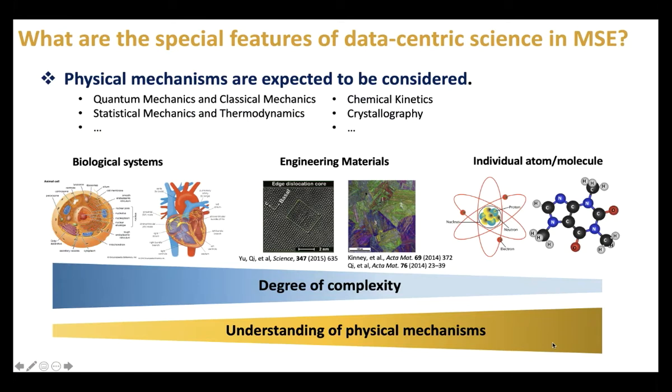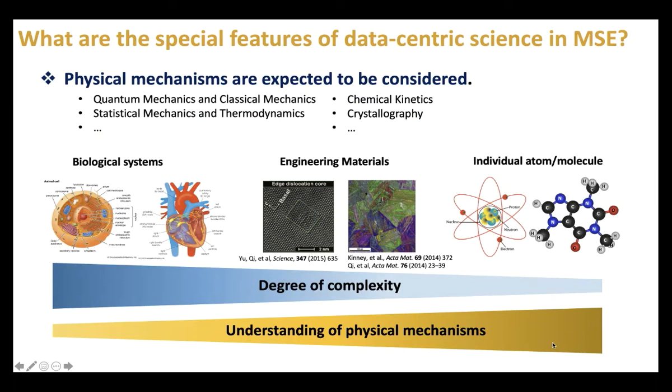On the other extreme, like a biological system, the degree of complexity is very high, so we heavily depend on data-centric science tools. However, because we have less understanding of physical mechanisms, these tools may not be very reliable. Materials are a perfect example in the middle. On one hand, we know many things about their physical mechanisms.